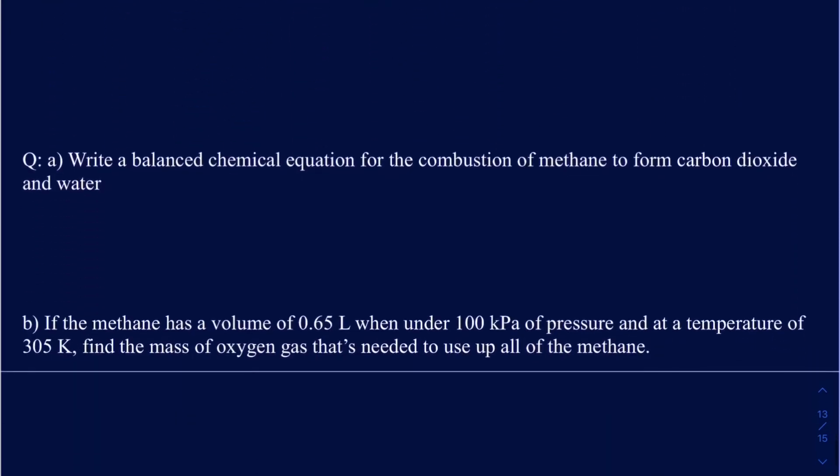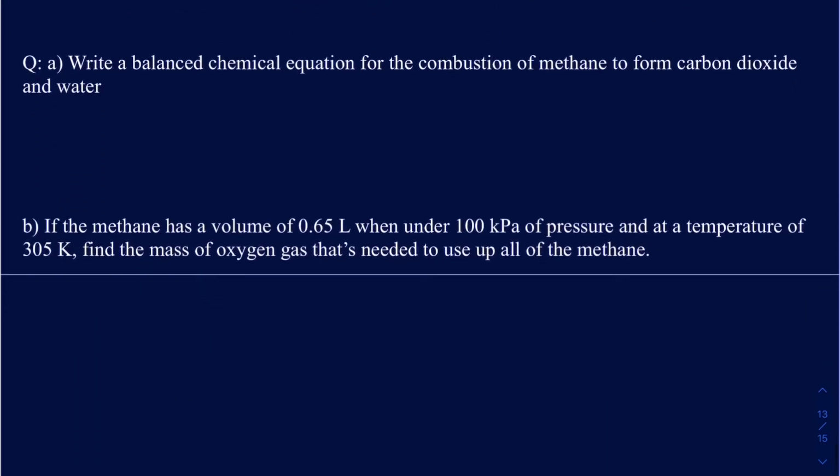Let's look at another one. Let's say I have this problem that says write a balanced chemical equation for the combustion of methane to form carbon dioxide and water. They don't really give you the formula of methane, but in the real question they may give you that, unless you're taking an organic class. In that case, you're expected to know that.